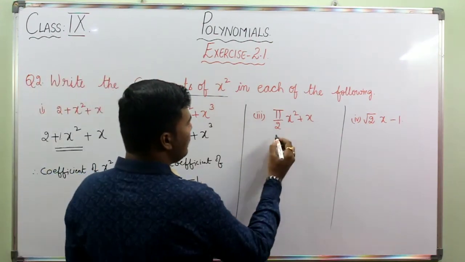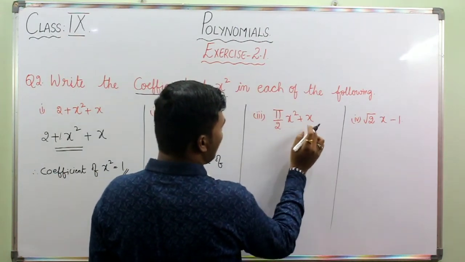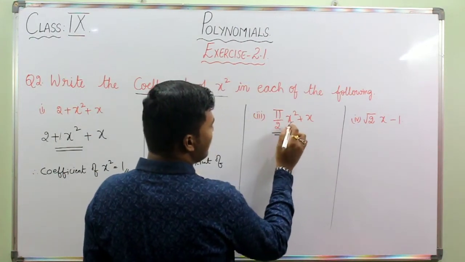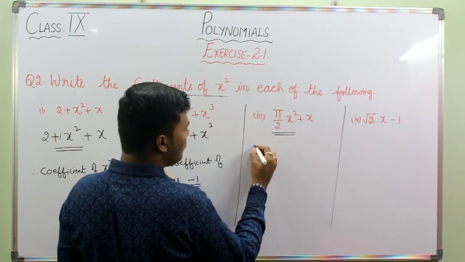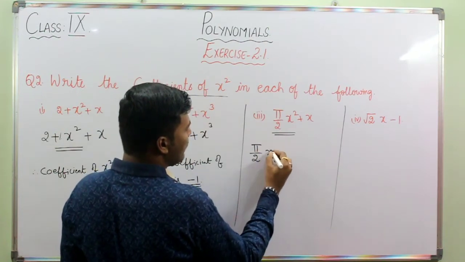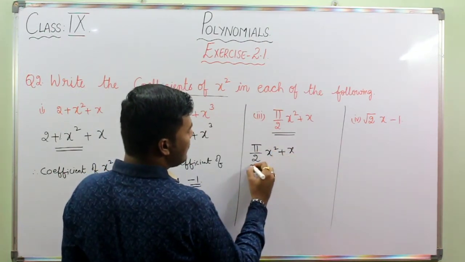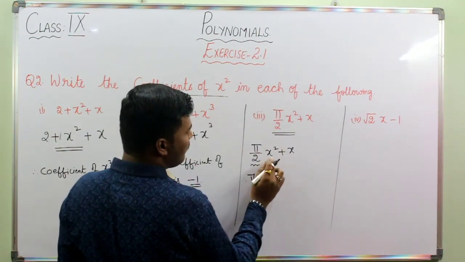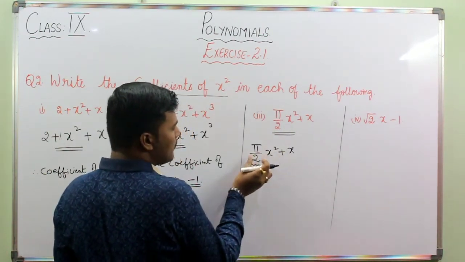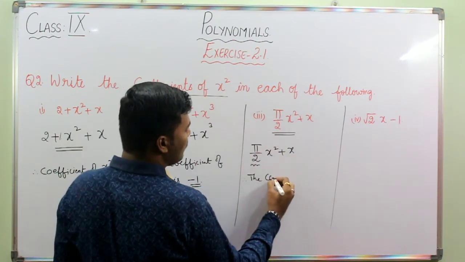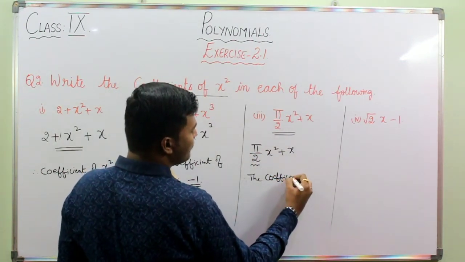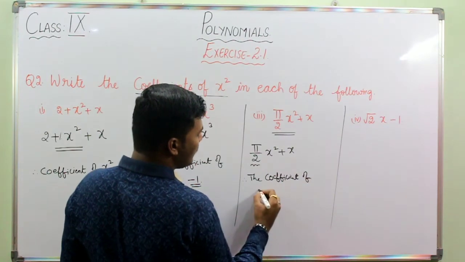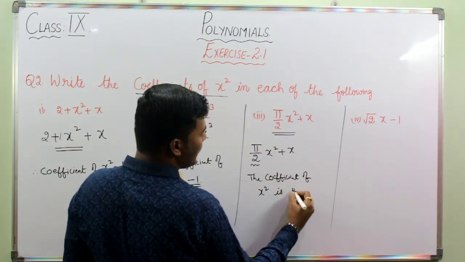In the third one we have pi by 2 x square plus x. I have underlined the x square term. The x square is getting multiplied with what? Pi by 2. So the coefficient of x square is pi by 2.